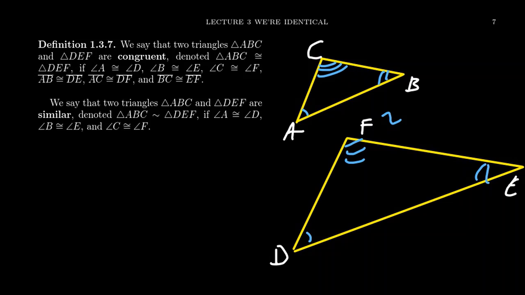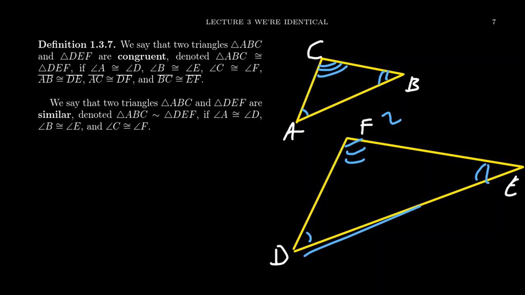And so similar triangles have corresponding parts that are proportional. So AC and DF are proportional to each other. That is, the factor by which DE is larger than AB is the same as the factor for AC as well.